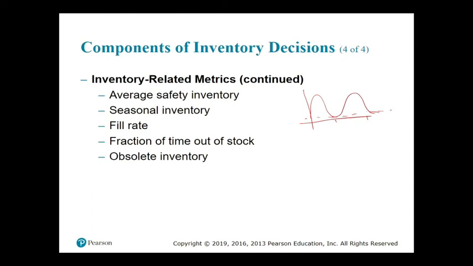And then obsolete inventory. So for a product that has a shorter life cycle, this would be an issue. You would have an obsolescence date for the product, and the inventory that's older than the obsolescence date is considered to be obsolete.